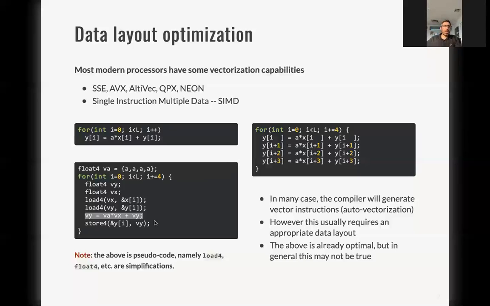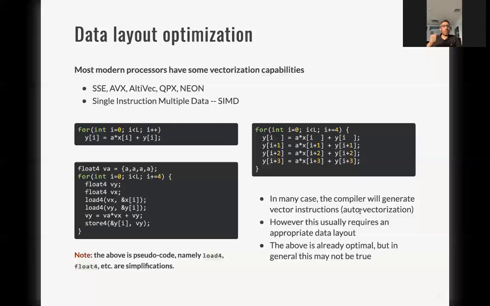In many cases like this one, where it's very trivial, the compiler can do this. You don't need to do anything special. You just write your code like this, and the compiler will see it and say, this is an opportunity to vectorize, so it vectorizes.